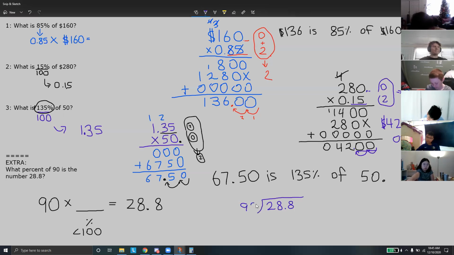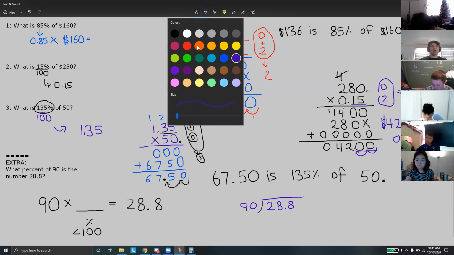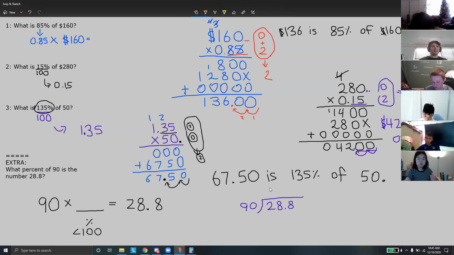I'm not going to do the math right now, but the answer is, just so you guys can check, 0.32, or 32%. 28.8 is 32% of 90. Do you guys get that one?